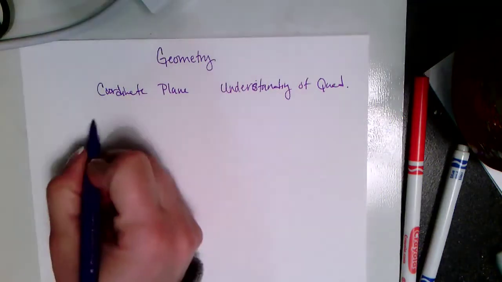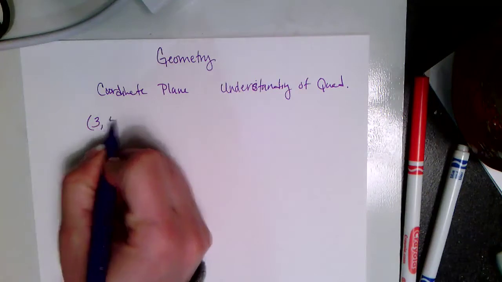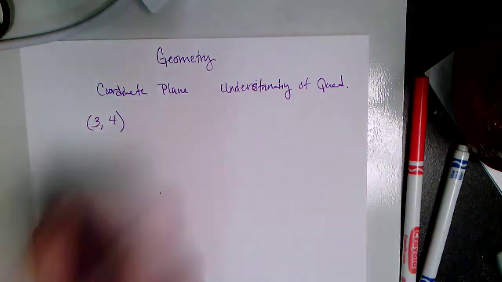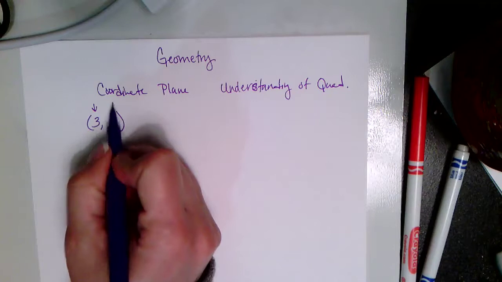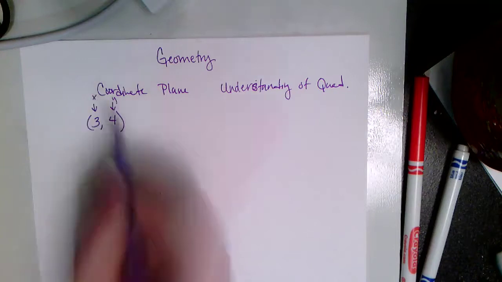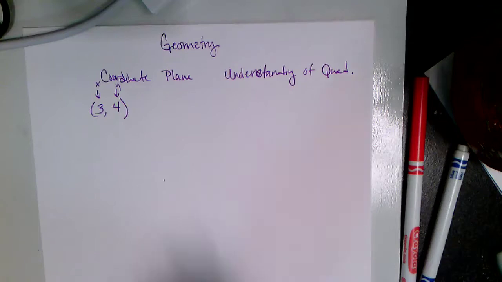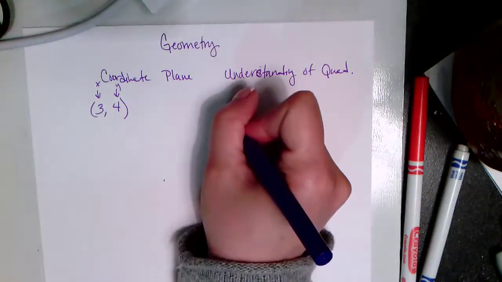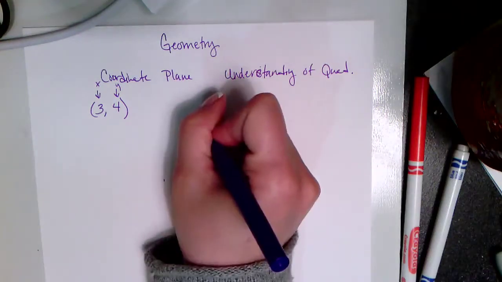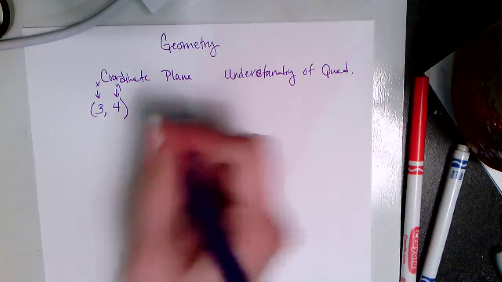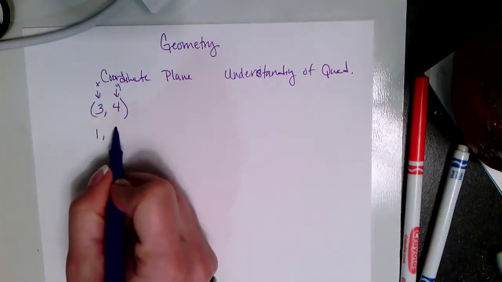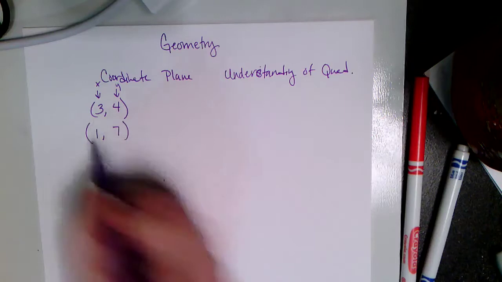And a coordinate, remember, is an ordered pair where we have an x value and we have a y value. So for your quadrilateral, you're probably going to have 4 vertices, and the 4 vertices are just the 4 points.